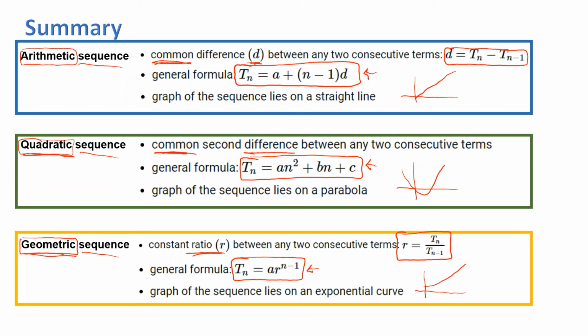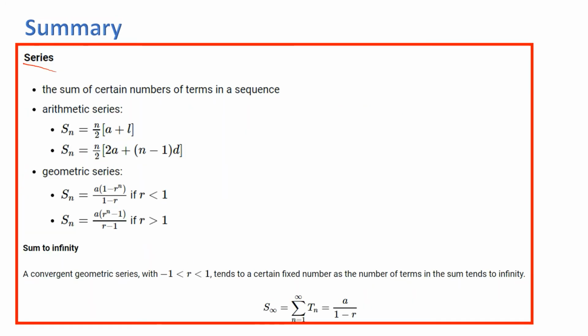So 3 important equations to remember. In the one, you calculate the difference. In the other, you have a common second difference. Go and have a look at examples that have these kinds of sequences. And in the third one, you have ratios. Then for series, we also differentiate between arithmetic series and geometric series.